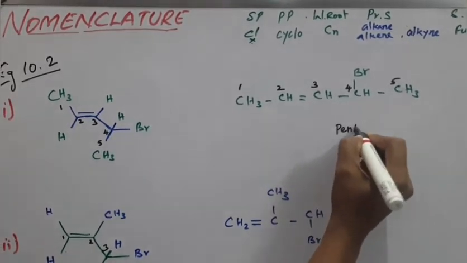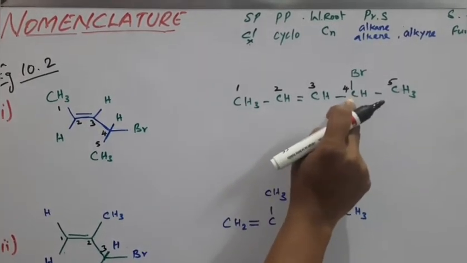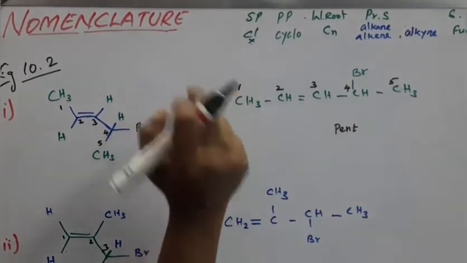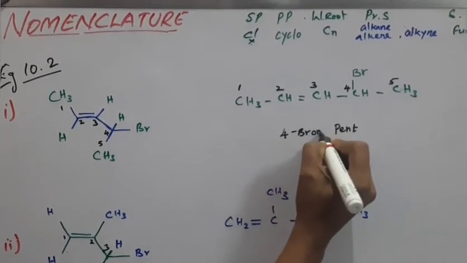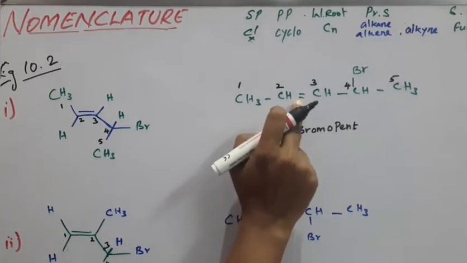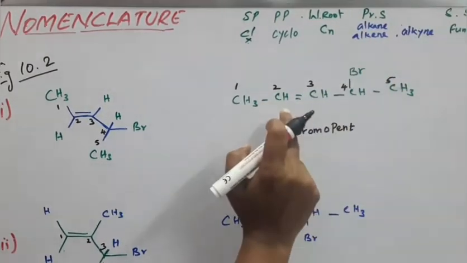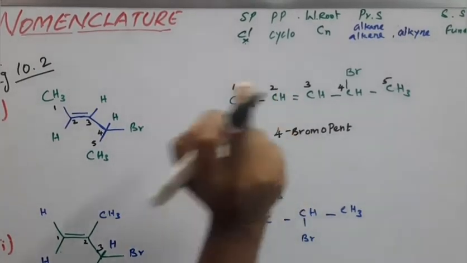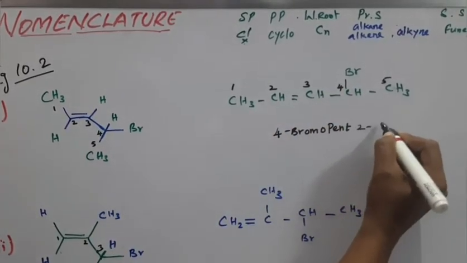The bromine substituent is on the fourth carbon; that is the secondary prefix, so 4-bromo. The ene is also present and acts as the primary suffix. The ene is on the second carbon. So 4-bromopent-2-ene.